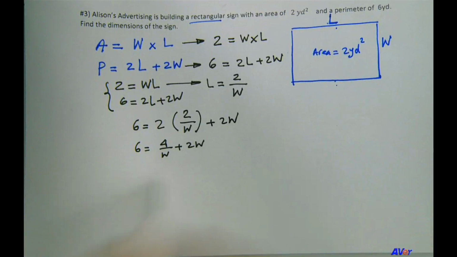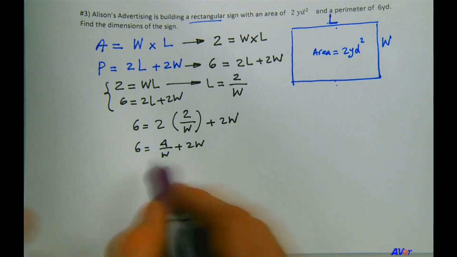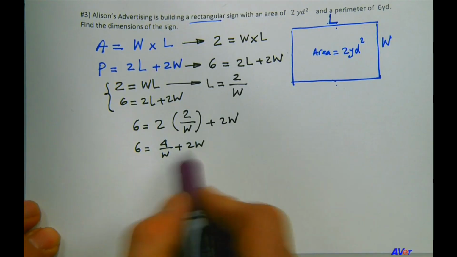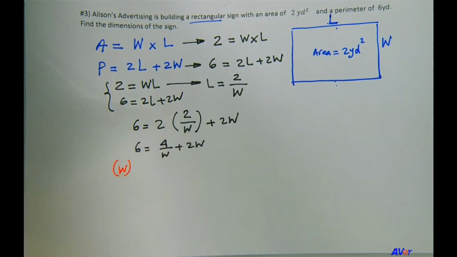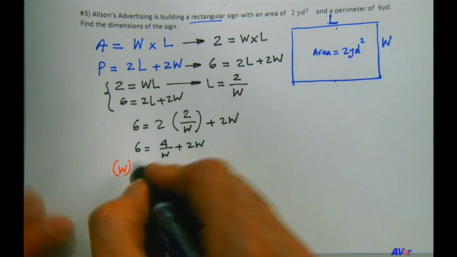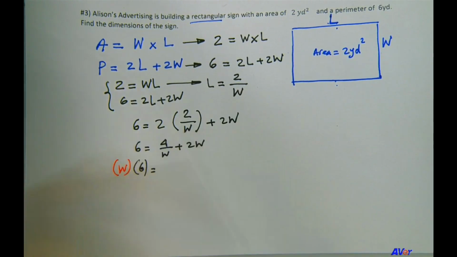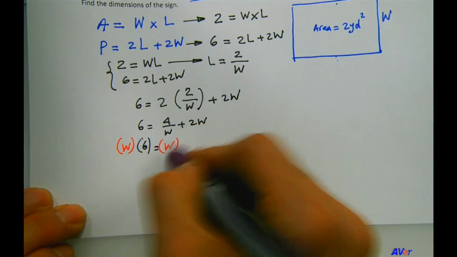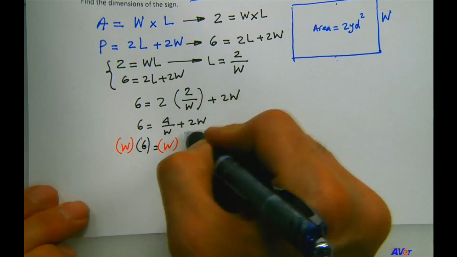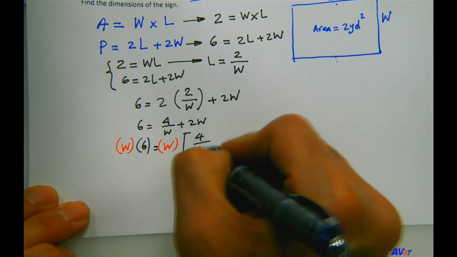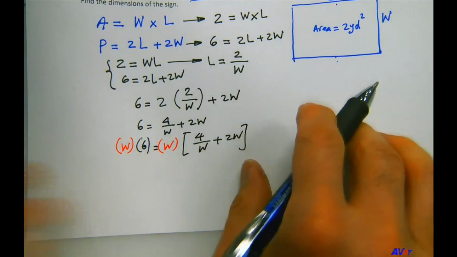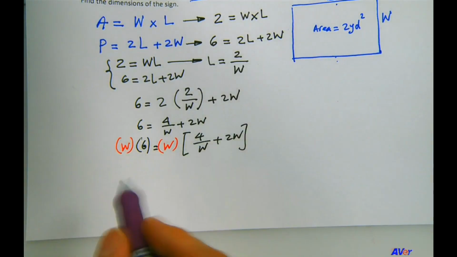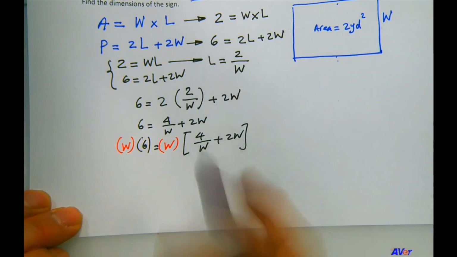And nobody likes fractions, so let's clear the fraction by multiplying both sides by W, right? So W times 6 equals W times the entire right side, which is 4 over W plus 2W. Okay, so let's distribute and simplify. Let's first distribute.